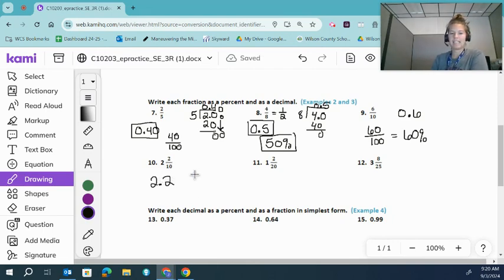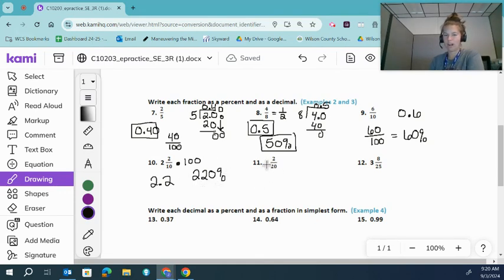And this would be 200, and then 2 out of 10 would be 20%. So 220%. So we are multiplying this by 100. We are multiplying this by 100 to get our percent.